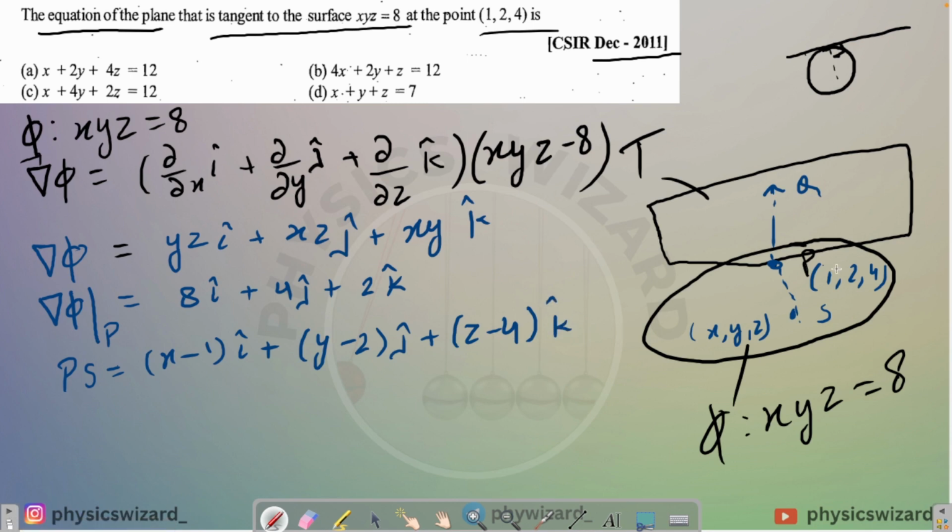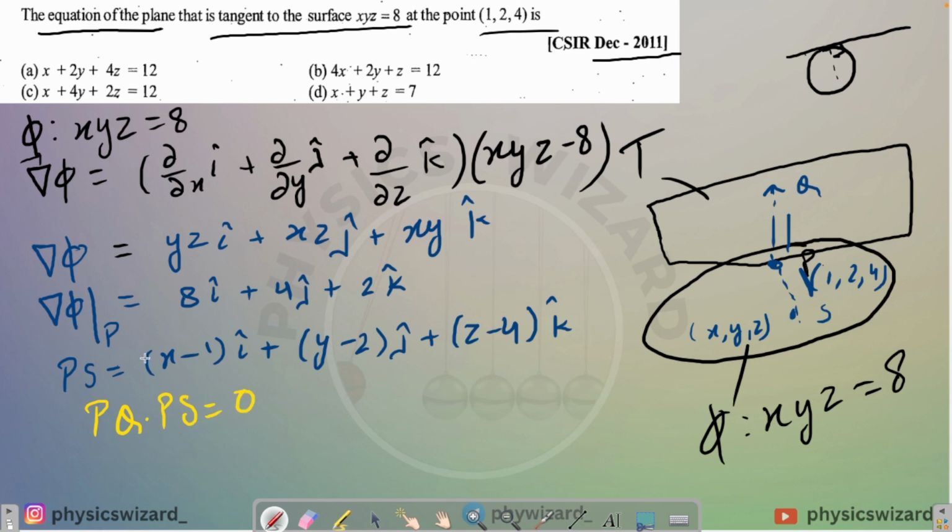Now we can see that these two lines, PQ and PS, are both perpendicular. So if these are perpendicular, they have to follow the rule that the dot product of any two perpendicular lines is always 0.